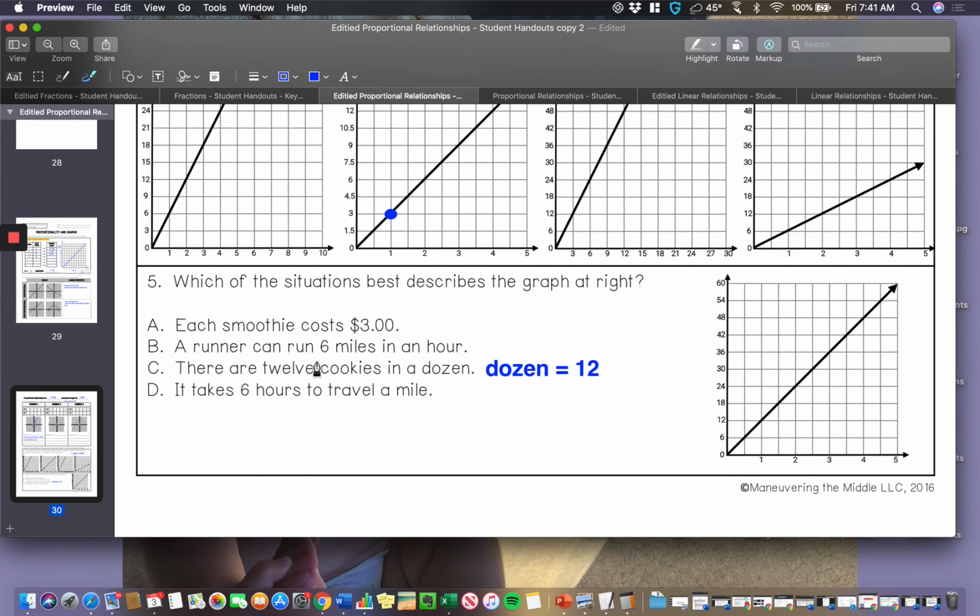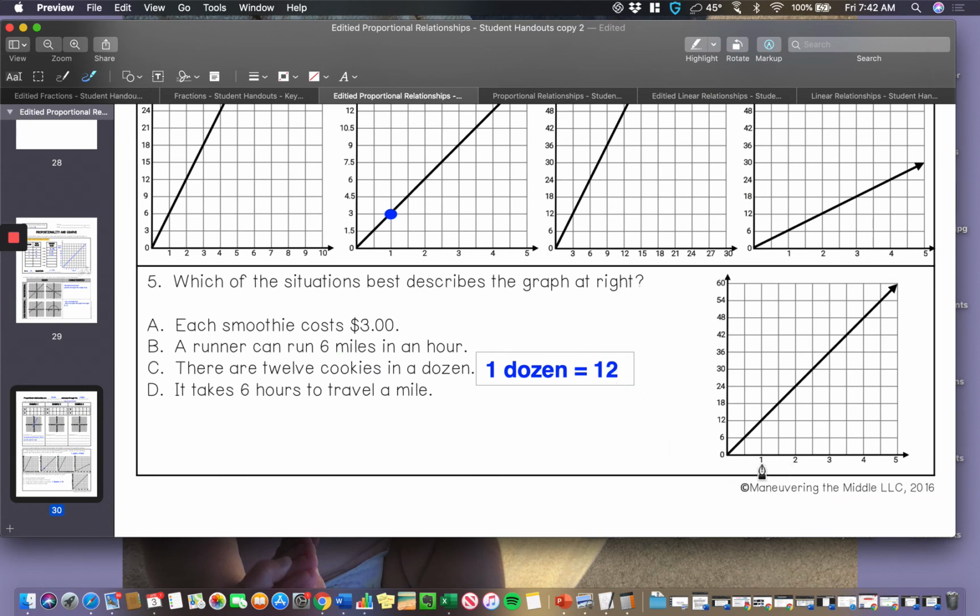B, a runner can run 6 miles in an hour. Well, 1 hour would be equal to 12 miles. Can't be that one. All right, there are 12 cookies in a dozen. So 1 dozen is equal to 12.